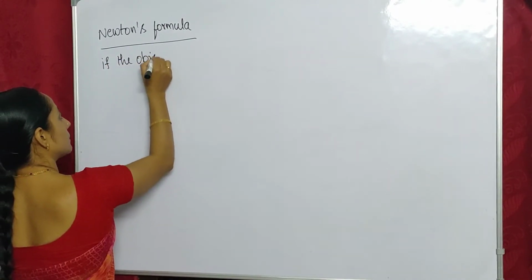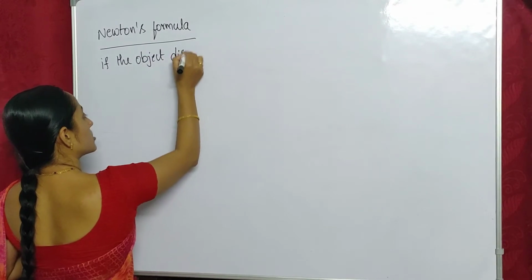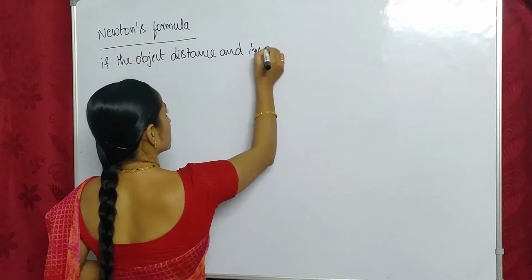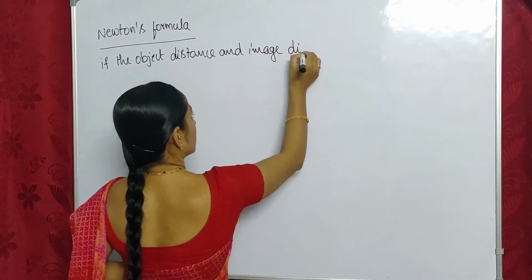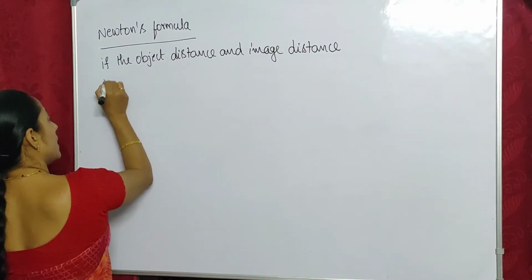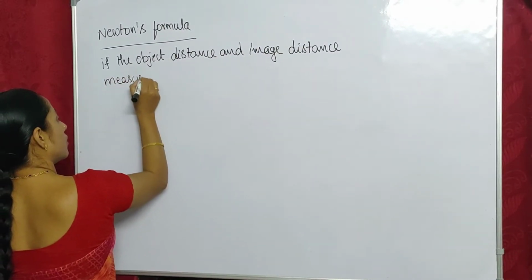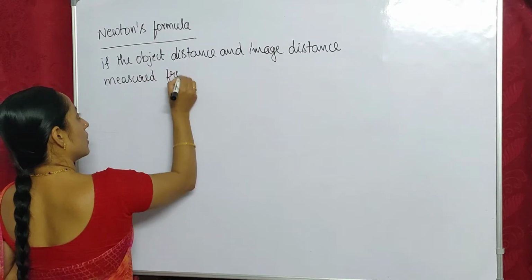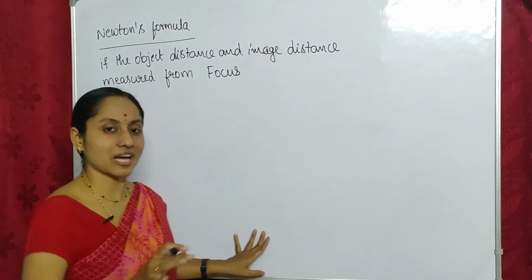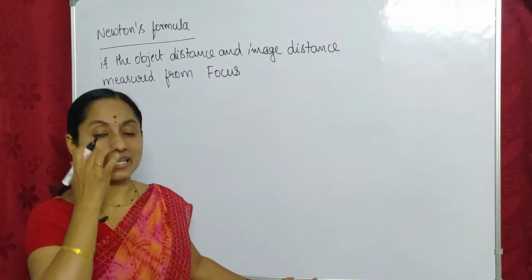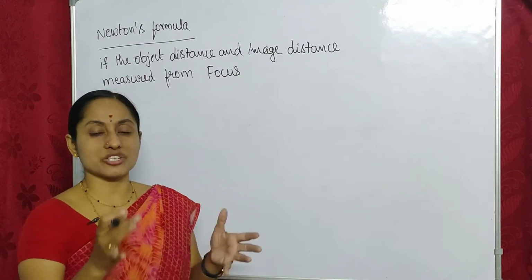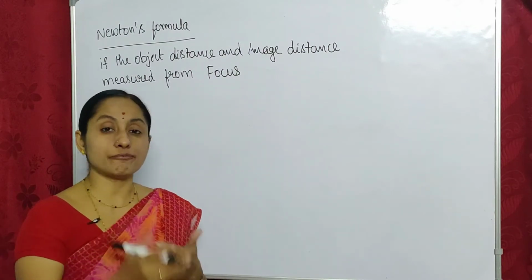object distance and image distance are not measured from pole but measured from focus. Focus, principal focus, both have the same meaning. So Newton thought differently. He considered that they are not measured from pole but measured from focus.